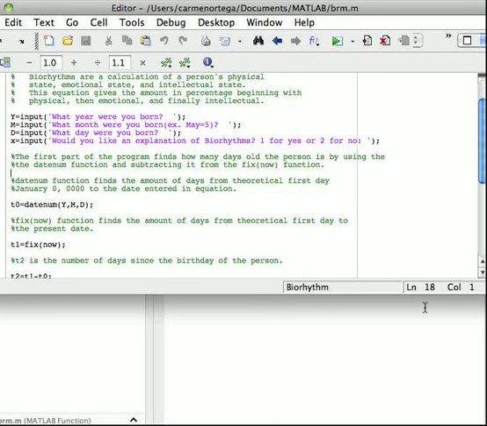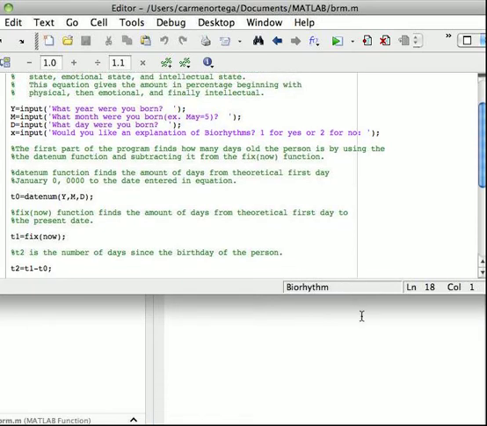The Y, M, and D go into the datenum function, which finds the amount of days from the theoretical first day of January 0000 to the date entered in the equation, the birth date of the person. The fix now function finds the amount of days from the theoretical date to the present day.